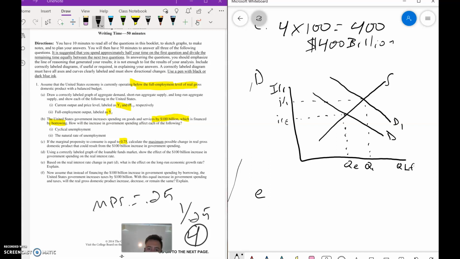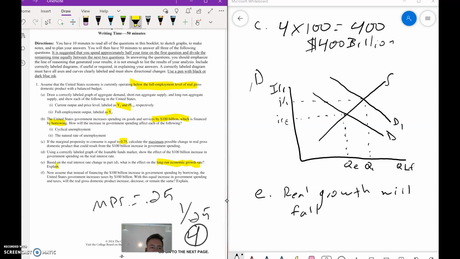Let's look at E. E says, based on the real interest rates in part D, what's the effect on long run growth? So remember, growth is determined by investment. So if interest rates are high, if you looked at that little sheet you would have right there, you would see that interest rates are high, investment is low. So if investment is low, you should say that real growth will fall.